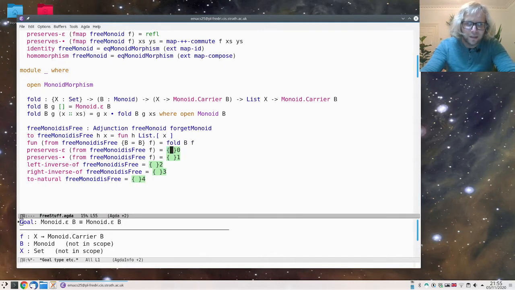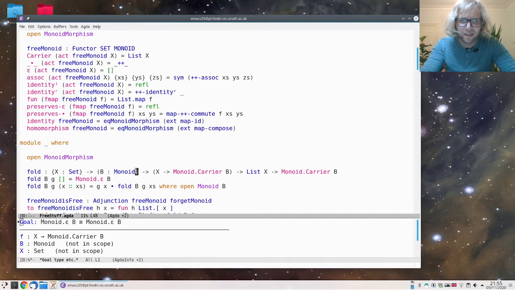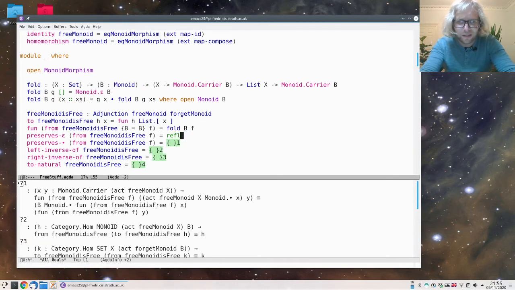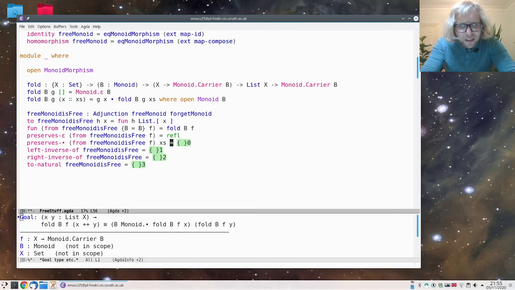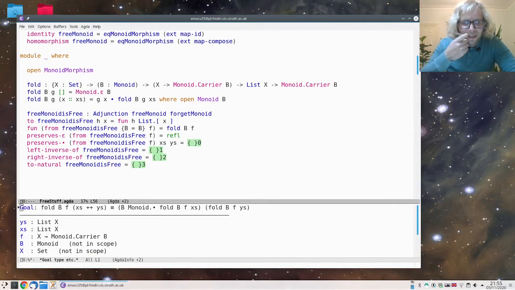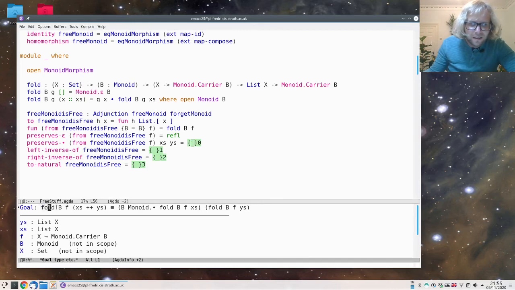Okay, and now we get told interesting things to prove about this function, right? Which you might not think of otherwise. So here, that it preserves the unit is not very interesting, but it's easy to prove. Here, if I get given an x and y's, then this is asking me to prove something interesting about how this fold function interacts with concatenation, right?